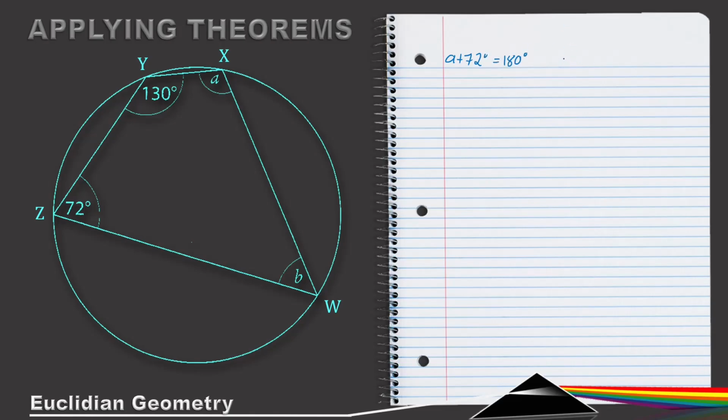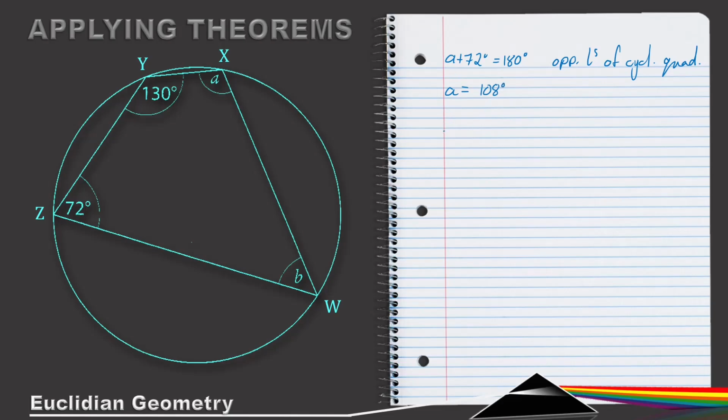The reason is opposite angles of a cyclic quad. Okay, and then solve for A. A is equal to 180 minus 72, so that's going to be 108 degrees.